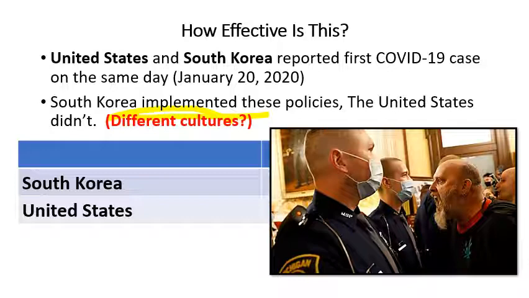It's almost a birthright, if you live in the United States, to criticize your government and to say they must be doing something crooked, they must be doing something wrong, and it's a conspiracy. That is a cultural difference. So due to the cultural differences, can you really compare South Korea to the United States for this kind of measure, the effectiveness of these measures? The answer is perhaps not.